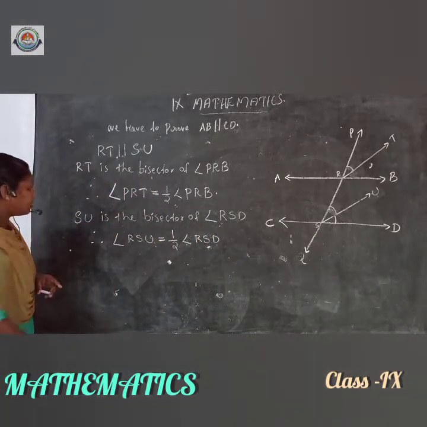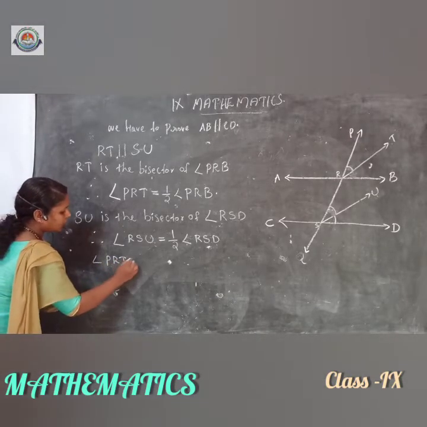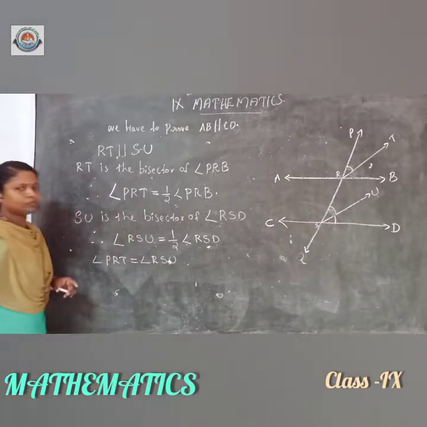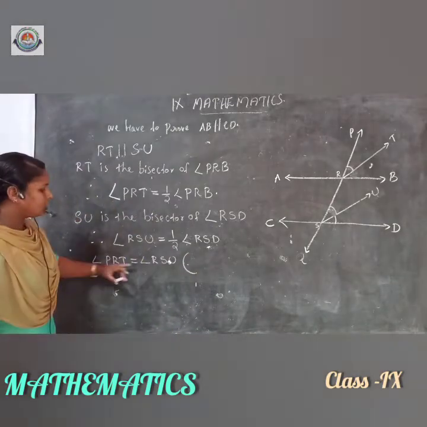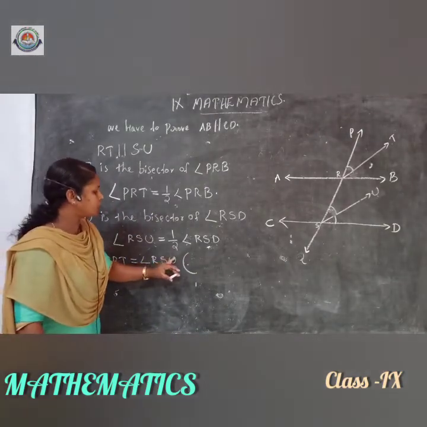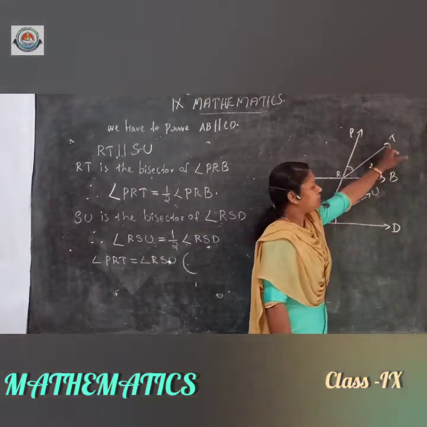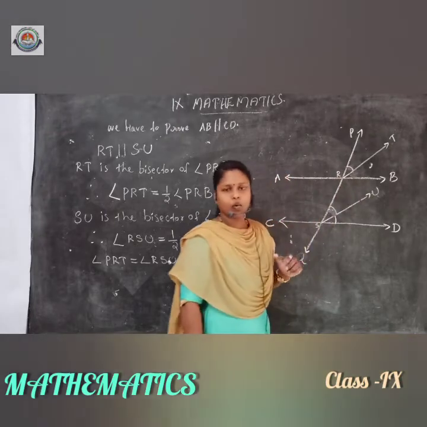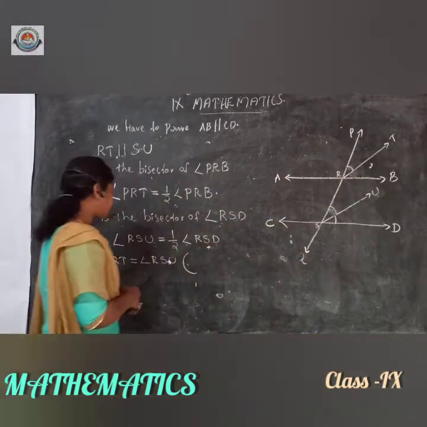And we can say that angle PRT equals angle RSU. What is the reason? PRT means this angle, RSU means this one. Why are they equal? They are corresponding angles.